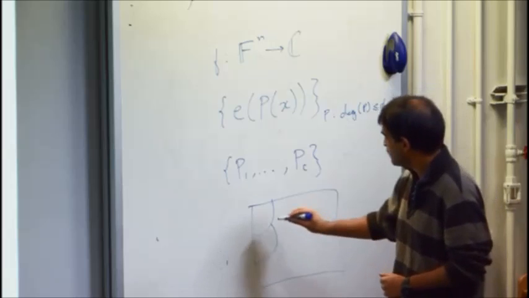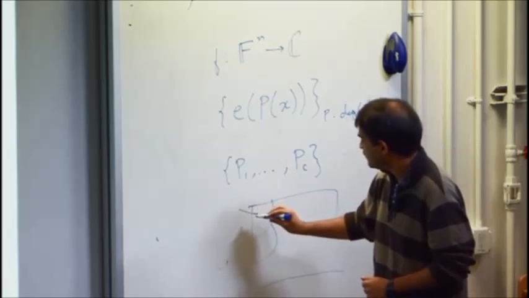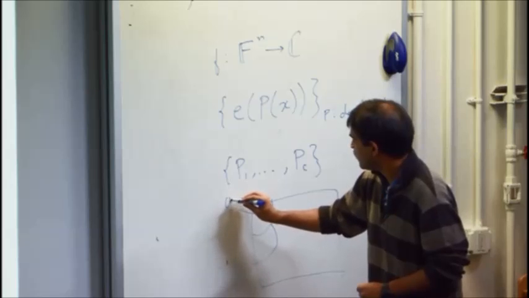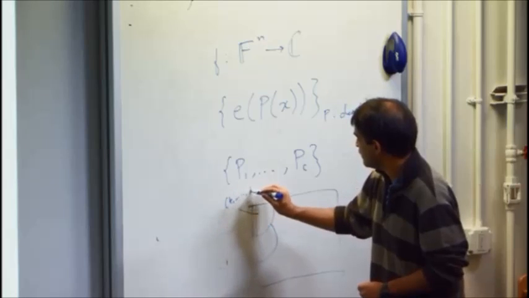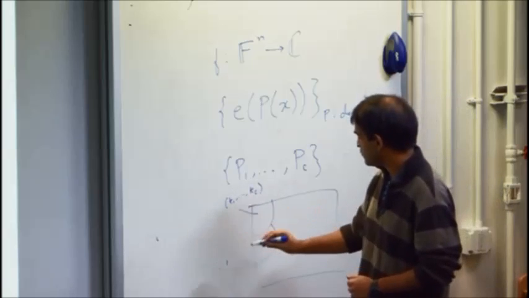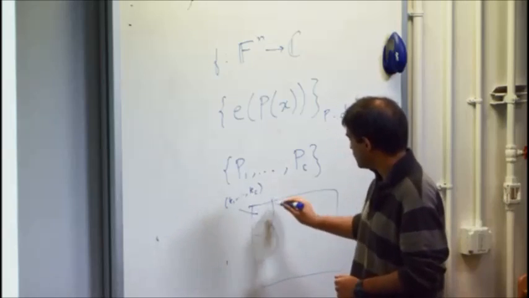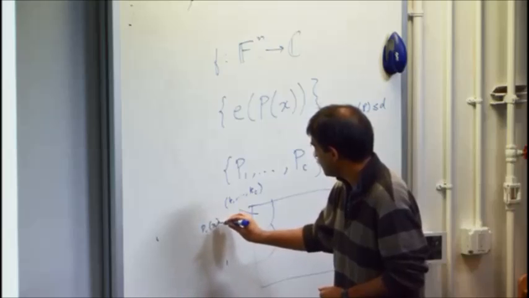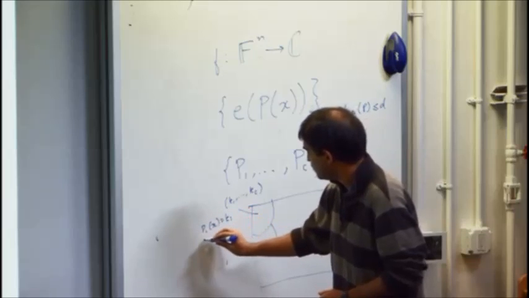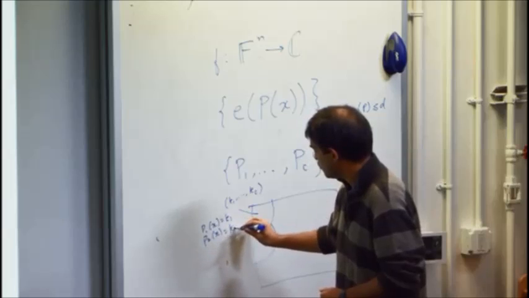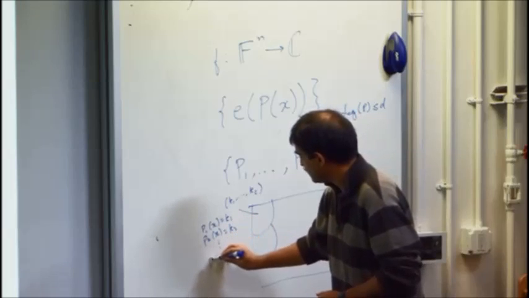We can label one atom by k1 through kc, and the atom labeled by k1 through kc is the collection of all the points such that p1 of x is equal to k1, p2 of x is equal to k2, and pc of x is equal to kc.